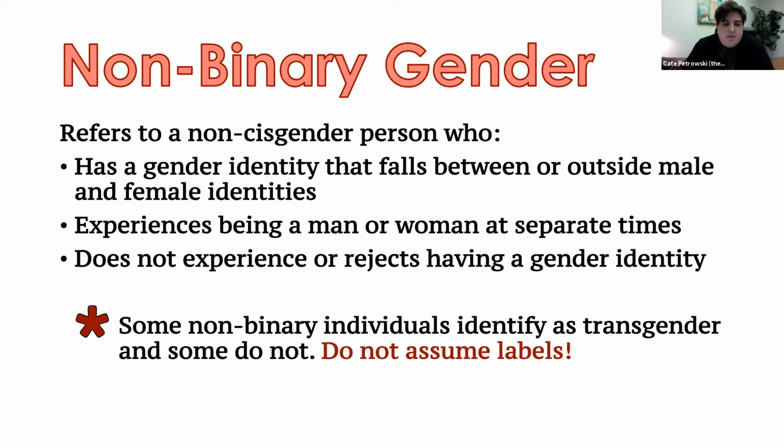So it's important to note that some non-binary folks do identify as transgender, and some don't. So it's important to not assume labels. So if you, for example, talk with somebody who's non-binary, it would be important to not just assume that they would identify as transgender or choose that label for themselves.